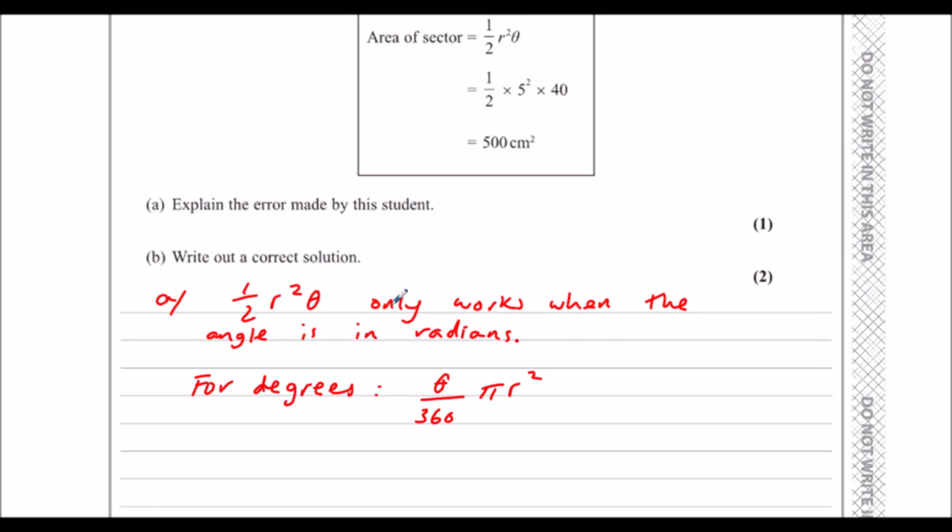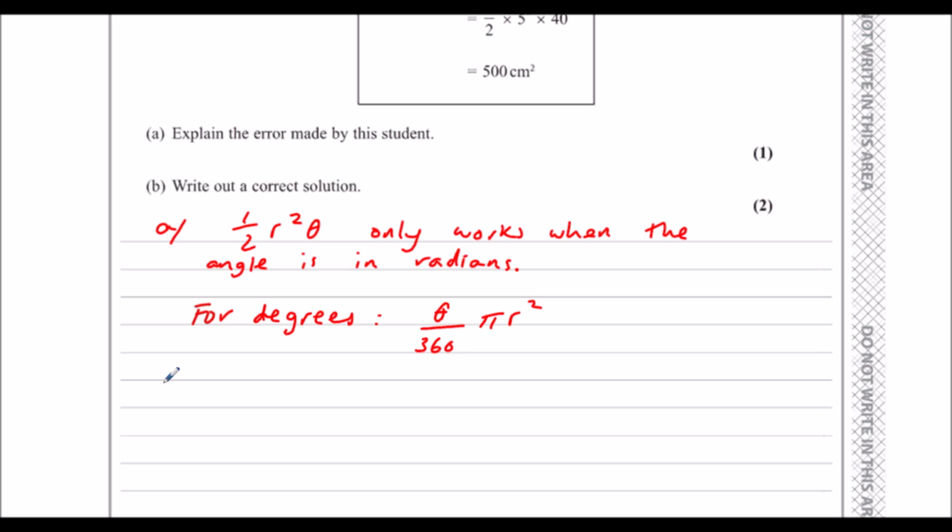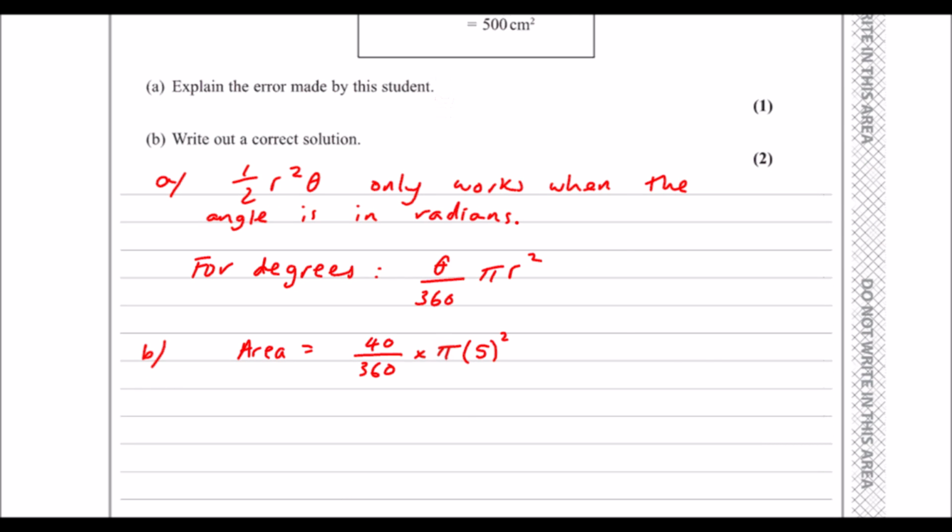And we need to write out the correct solution. So the area is theta, which is 40 over 360 times pi times the radius, which is 5 squared. So let's type that in the calculator.